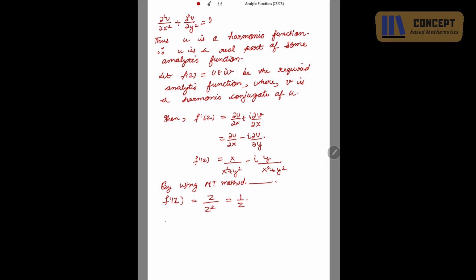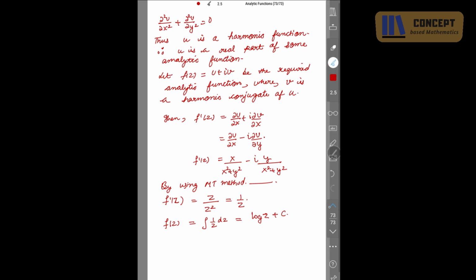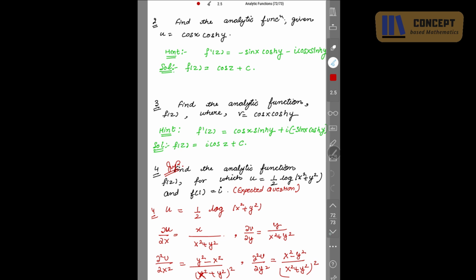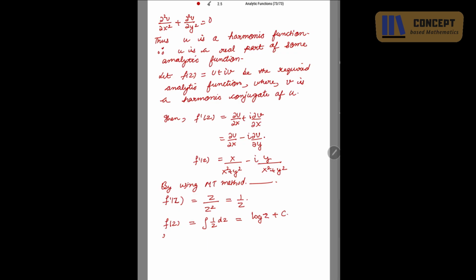Now integrate this. Integrating, f(z) will be equal to the integration of 1 by z dz, that is equal to log of z plus constant. Now it is given that f(1) is equal to iota. Let's put z equal to 1. This is equal to log of 1 plus constant. Log 1 is 0, so this is equal to the constant.